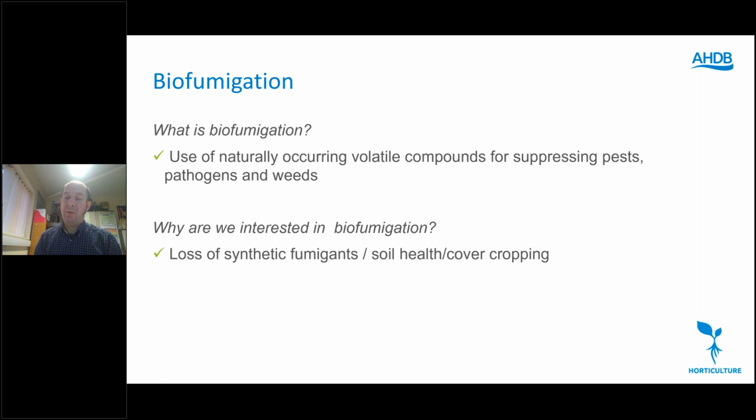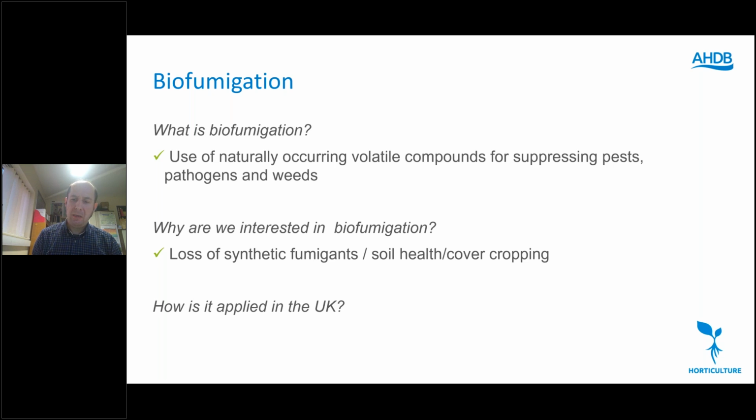In addition, we've had the big movement on soil health and cover cropping in the last 10 years. Biofumigants are seen as part of this profile of cover crops that could be used, mainly for pest and disease suppression, but there are also added benefits of having these deep-rooted brassica crops for drainage and also for increasing organic matter and so on.